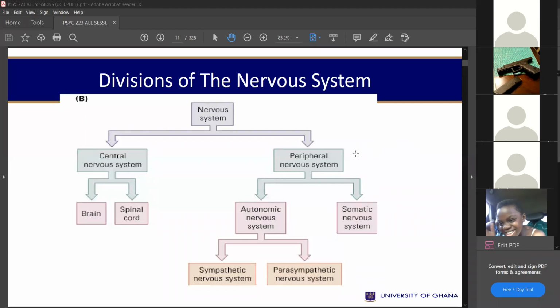Okay, so the thing is, the sympathetic is what is responsible for the fight-flight responses. Or we normally say it is responsible for the fight, freeze, and flight responses. So what does it mean for us to say that it is responsible for the fight, freeze, and flight responses? Who can explain this?